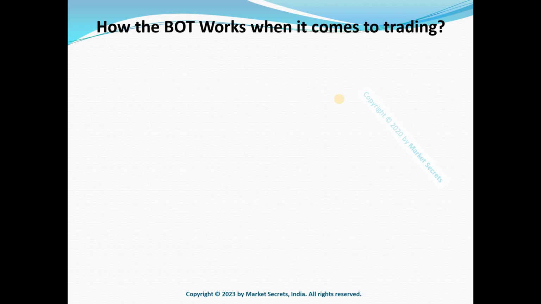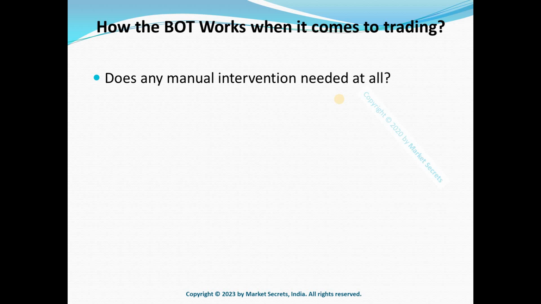So, do you need any manual intervention at all? No, no manual intervention is needed at all. But in case something goes wrong, our emergency alert system will send you the critical alerts, and in that case, you will have to manually pitch in. In normal day-to-day activities it's not needed, but once in a few months something might go wrong, and in that case, our bot will automatically catch those issues and notify you.